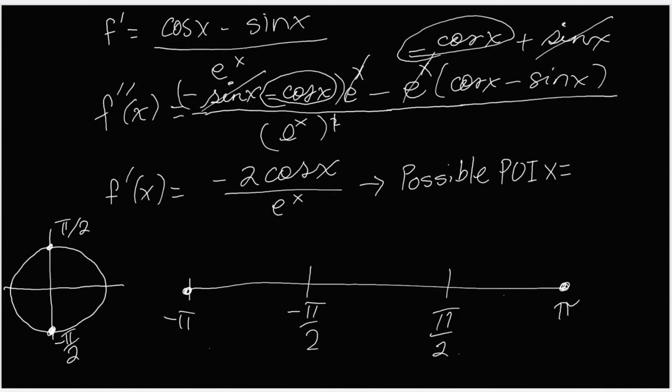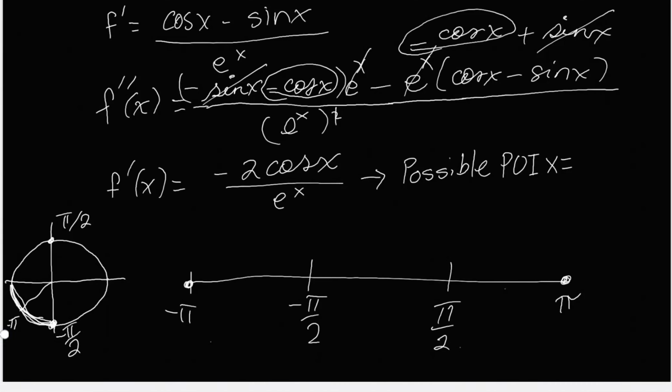Let's pick a number between negative pi and negative half pi, that will be between here and here, okay? And let's just pick, what do we want to pick? Right here, let's say negative 3 pi over 4.